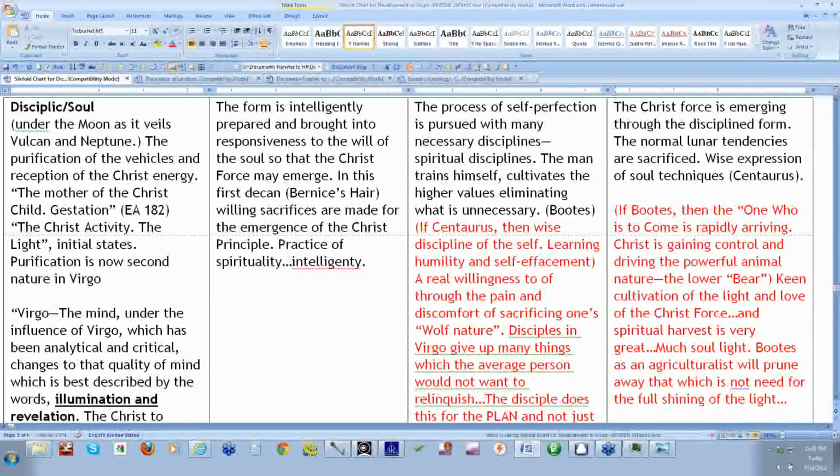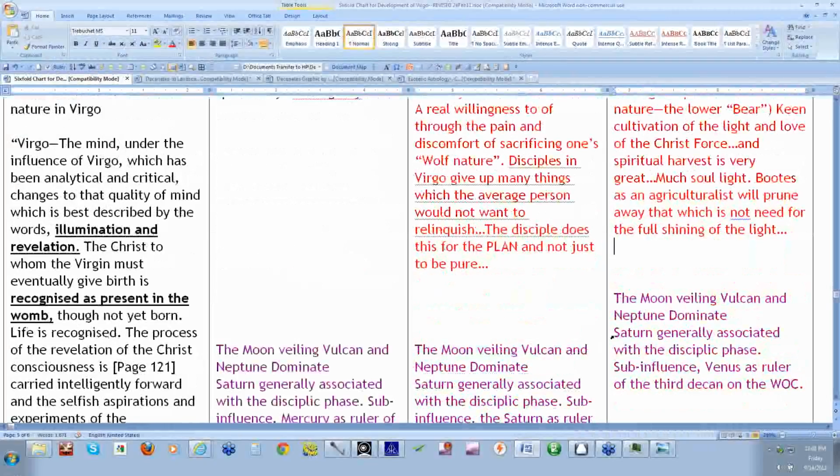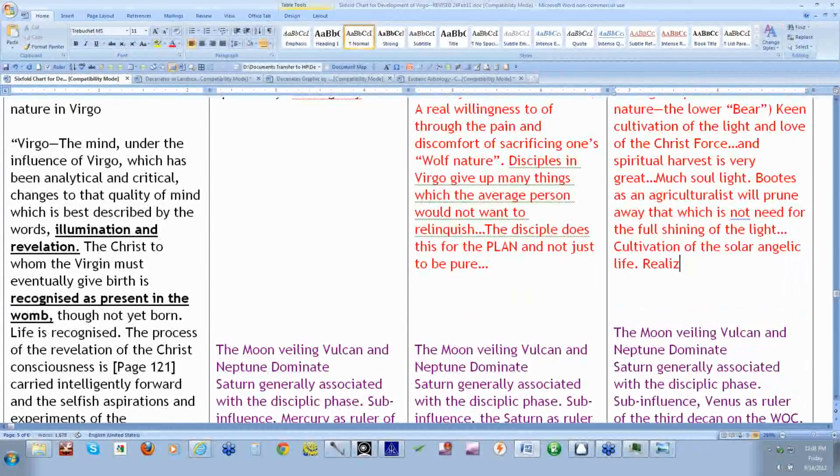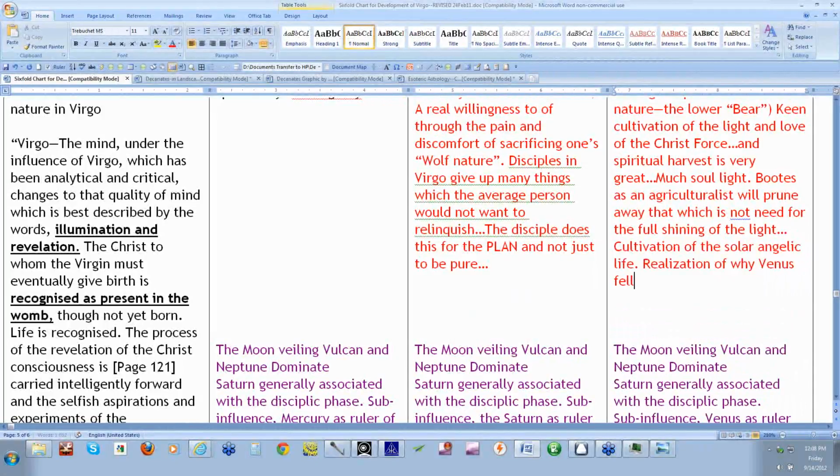Well, he's not an initiate yet, is he? But he's getting there. And Venus is the planet of the solar angels, so let's just say, let's call this the cultivation of the solar angelic life. Realization of why Venus fell in Virgo.